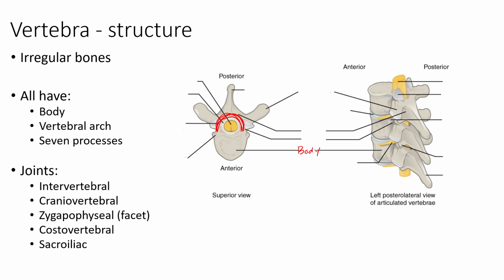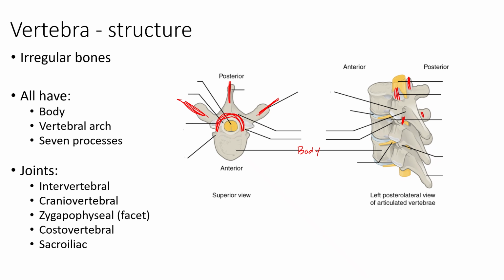And then they have these processes. And there's a couple more that you can't see on the left view, on the superior view, but you can see them up here, and there's a couple below down there. So 1, 2, 3, 4, 5, 6, 7.